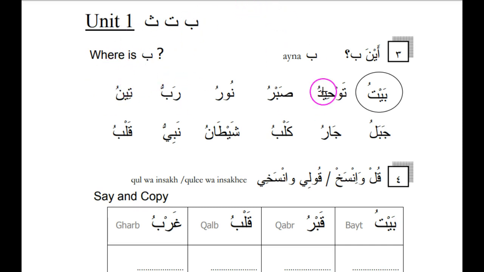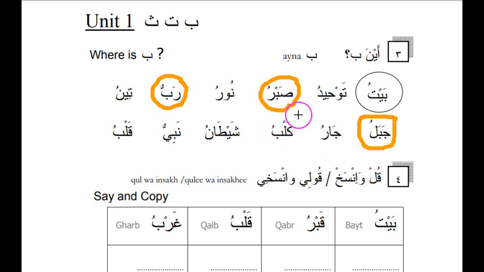So, for example, we find ba in sabr, in rab, not in teen, in jabal, in kalb, in nabi, and in qalb.